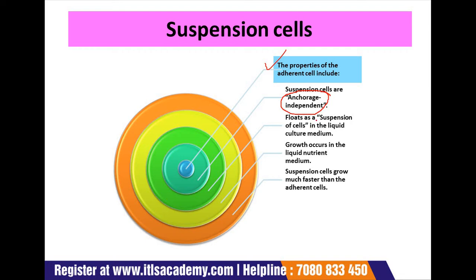Second, they float as a suspension of cells in the liquid culture medium. Third, growth occurs in the liquid nutrient medium. And fourth, suspension cells grow much faster than adherent cells.